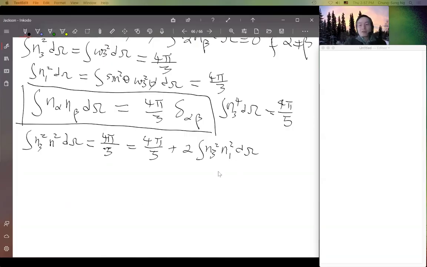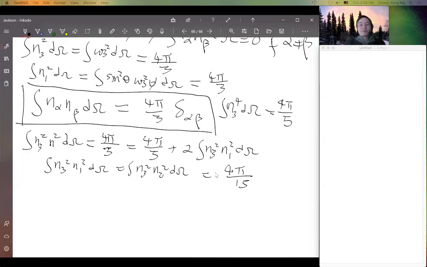Likewise, n3 squared n2 squared is exactly the same. So we have n3 squared n1 squared equals n3 squared n2 squared integrated over solid angle. That is just this minus that, divided by 2. That will give you 4 pi over 15.